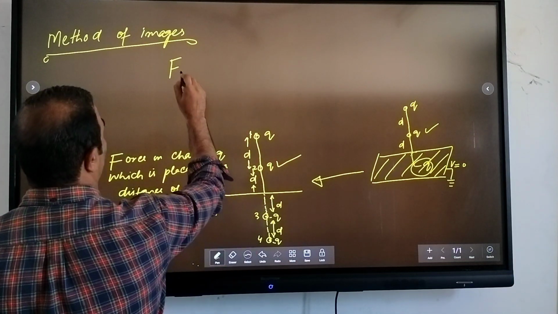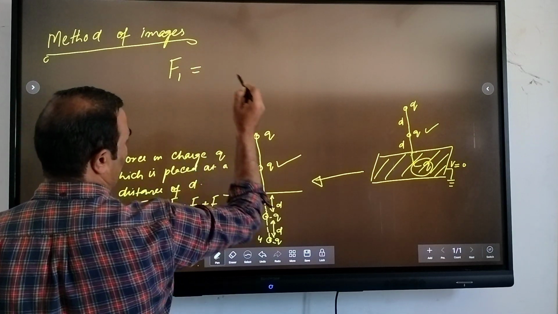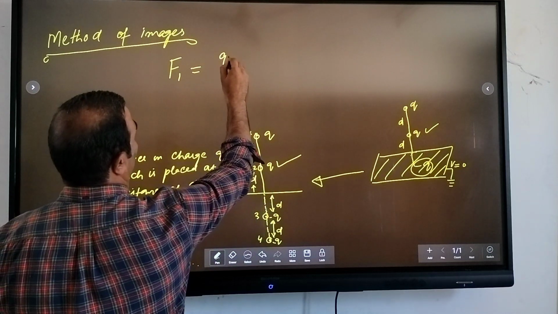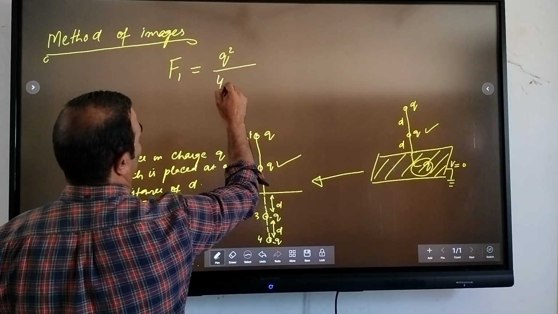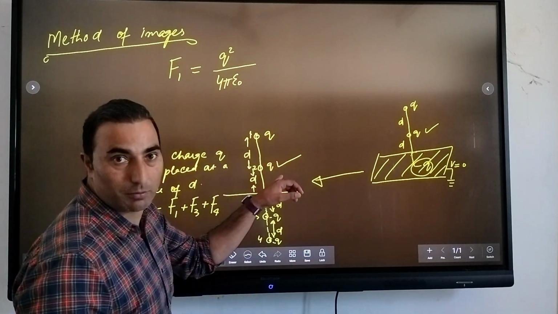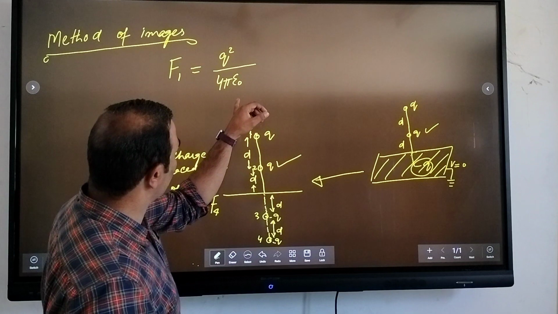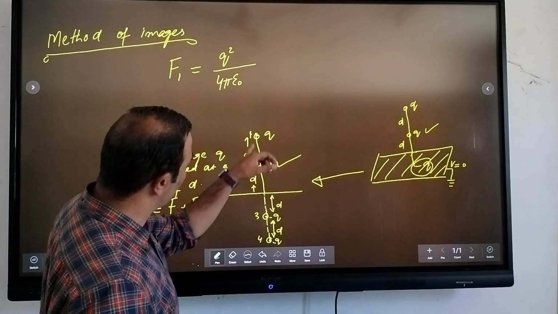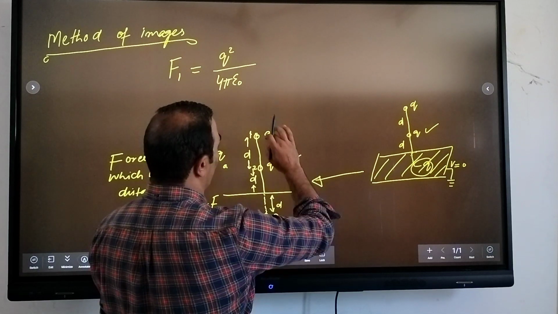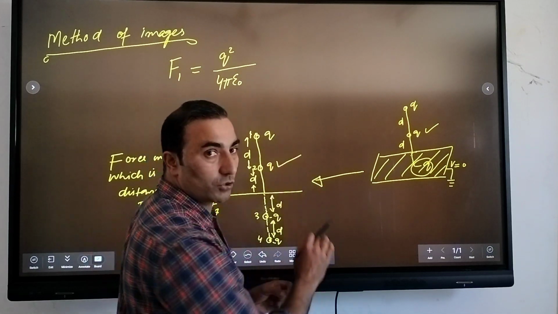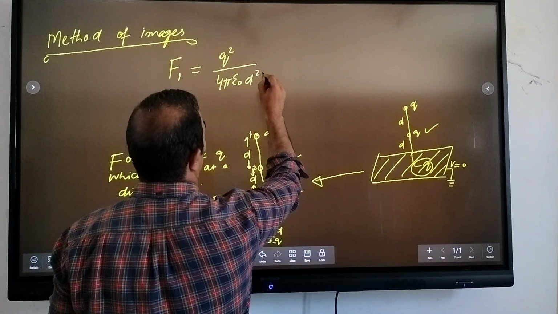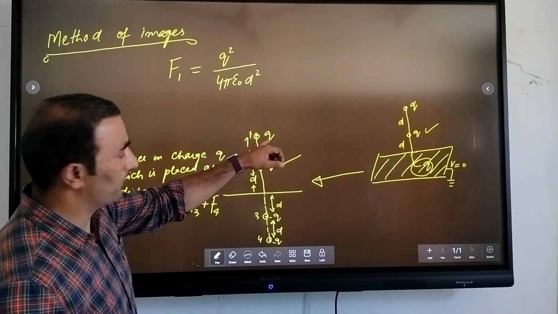So F1 will be equal to Q into Q, that is Q square, divided by 4 pi epsilon naught d square, because the distance between these two is d, as we have to find the force between these two. So this will be the force due to the charge placed at point 1.